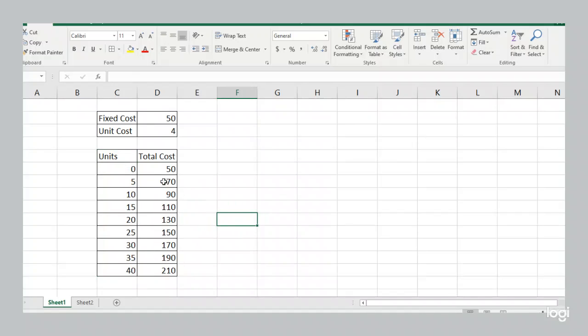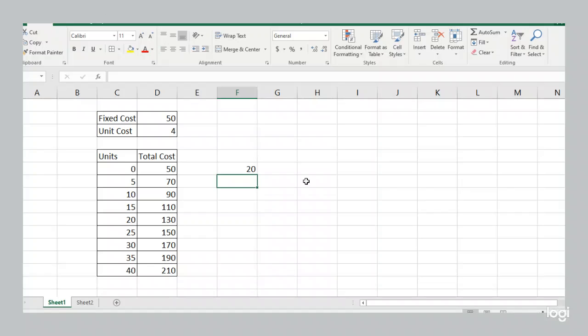You'll notice that if we produce 0 units, our total cost is 50 because all we've paid is the fixed cost. If we produce 5 units, our total cost is 70. It increases by 20 because we have 5 units and each of those units costs $4 to produce.